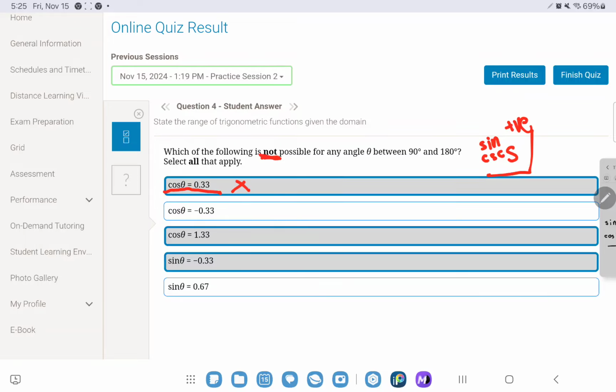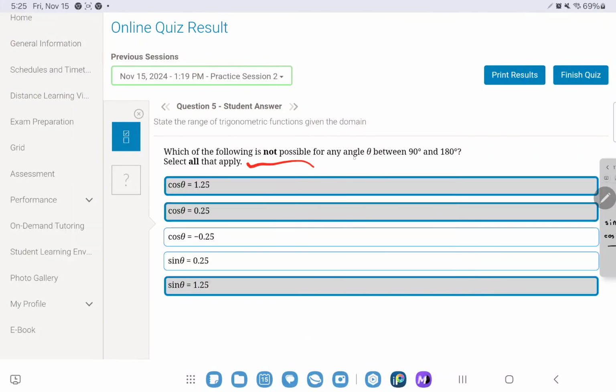Cosecant, we cannot have a positive cosecant, so it's wrong. Here it's a negative cosecant, so it's right. Here it's a cosecant that's over 1 and it's positive, so it's wrong. Here you have a sine that's negative. We said sine in this quadrant is always positive, so this is wrong. Now here you have a positive sine that's less than 1, so it's correct. Let's move on.